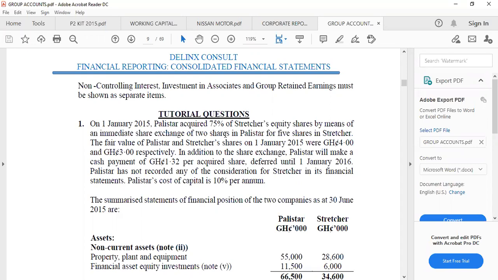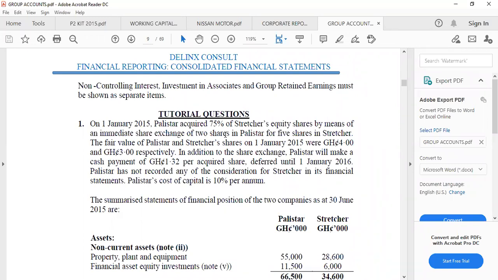So first, divide the number of shares by the number they are bringing. So 15 divided by 5, what are you getting? 3 million. And this 3 million, they will bring to take 2 shares each, isn't it? Then you multiply by 2.